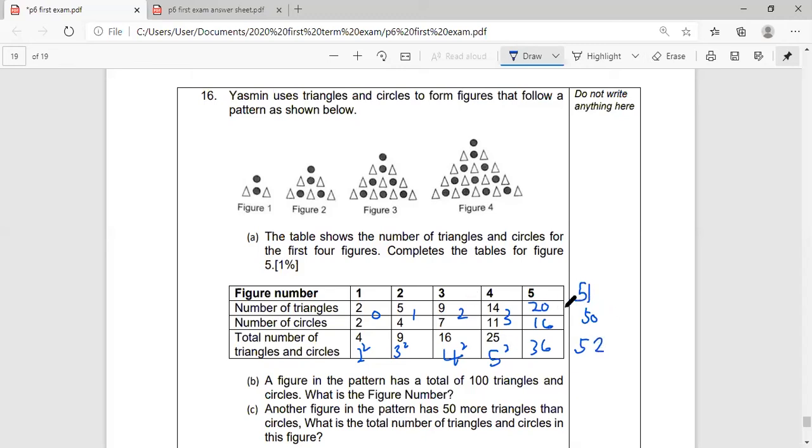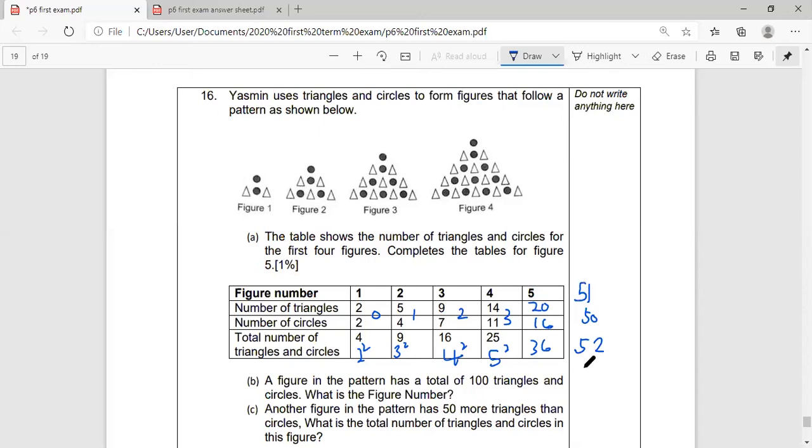From the 50 more, we can predict that the figure number is 51, because the figure number is always one more than the difference. So this is figure 51, and the total number is also one more than the figure number when we square it.